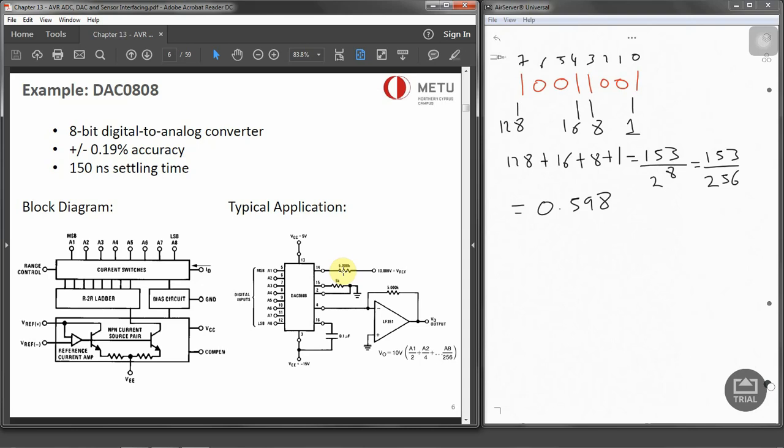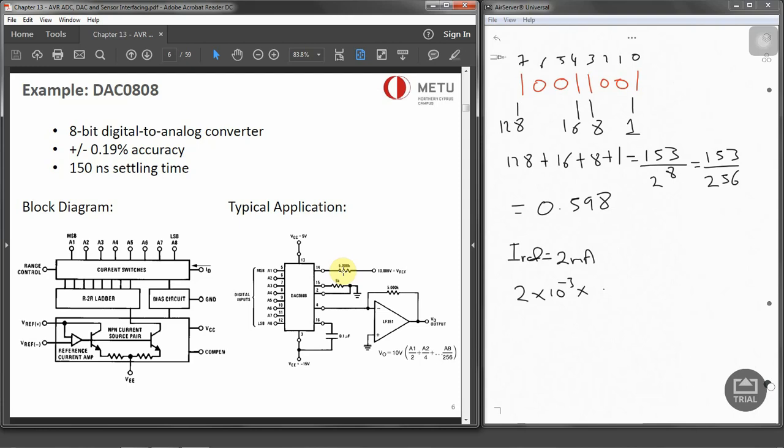And we know that our IREF, we assume that as 2 milliamps for our applications. That means we can convert that value, so 2 times 10 to the power minus 3 times 0.598, which will give us 1.195 milliamps.